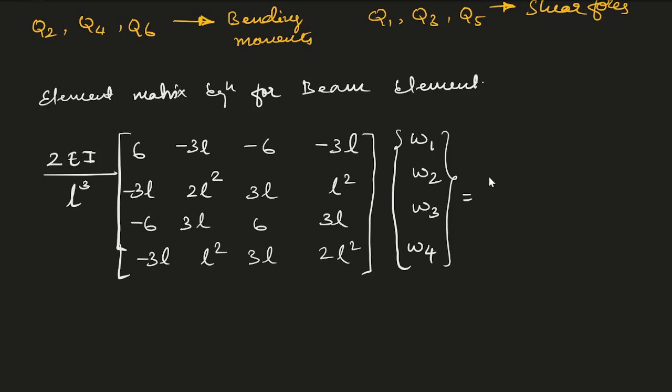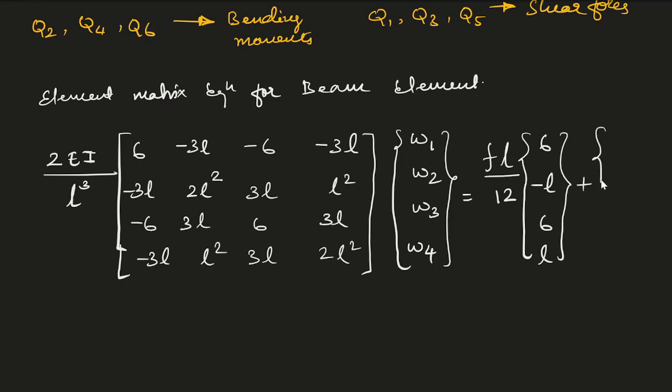Since we have a UDL loading as well, the formula for UDL will be F into L divided by 12 into 6, L, 6, and minus L, plus the shear force and bending moment, that represent Q. So Q1, Q2, Q3 and Q4. This is the element matrix equation.